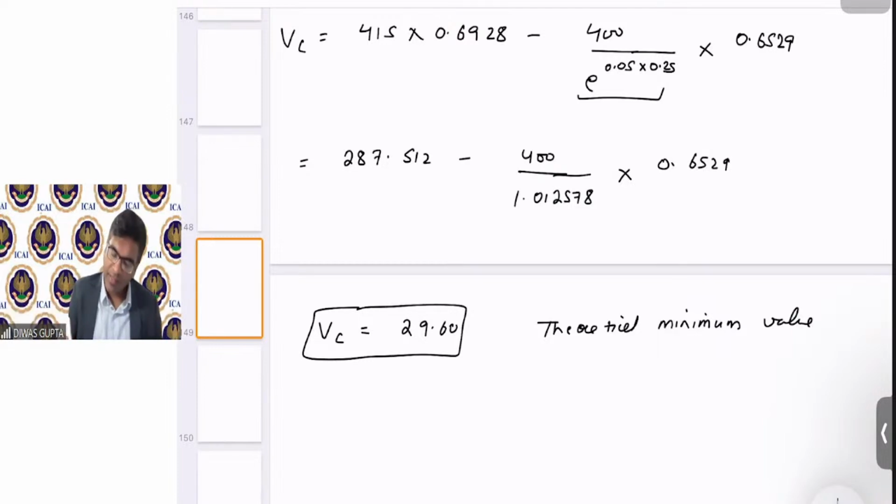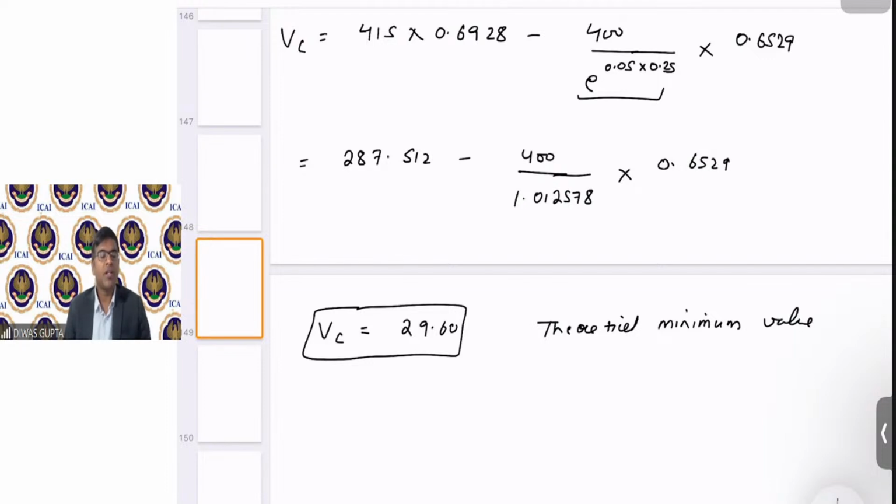Since now the market, the same call option is available at 25 rupees, I guess. Yes. So what should be your suggestion, students? Tell me. In the market it is available at 25. The theoretical minimum value of this call option as per Black-Scholes model should be 29.60.